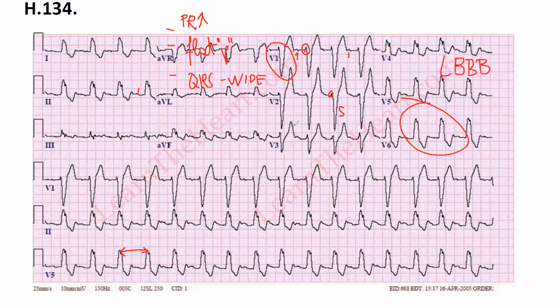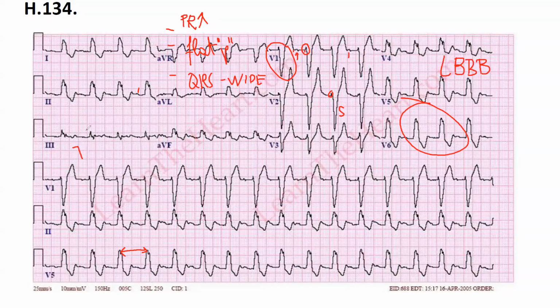So please revise the first lesson, when we were discussing the morphology of the QRSs and how you describe the QRS complexes. Negative waves can be a Q wave or an S wave. Every positive wave inside the QRS is called an R wave. The Q is only the first negative wave in the QRS.